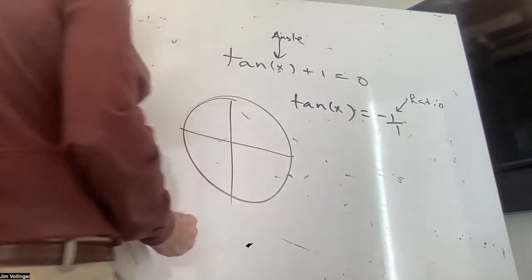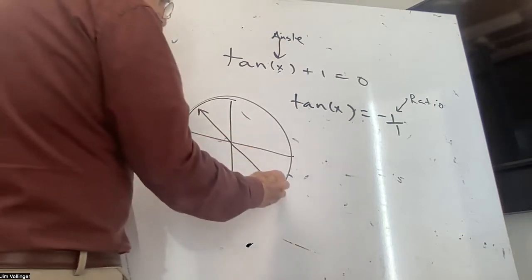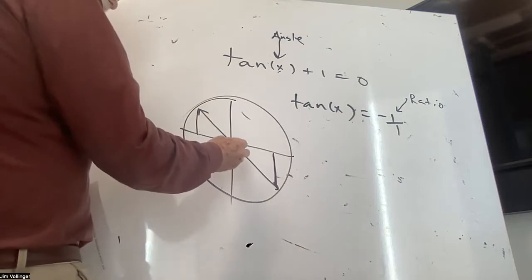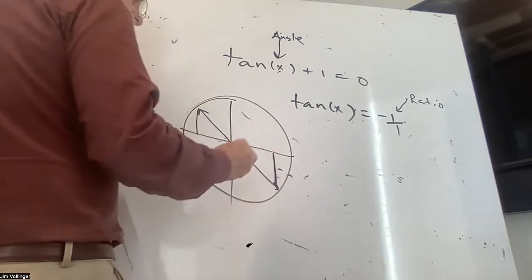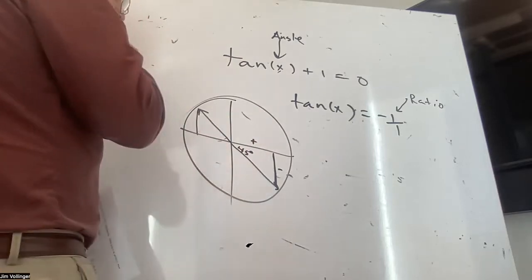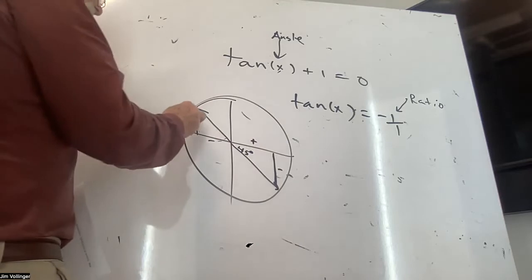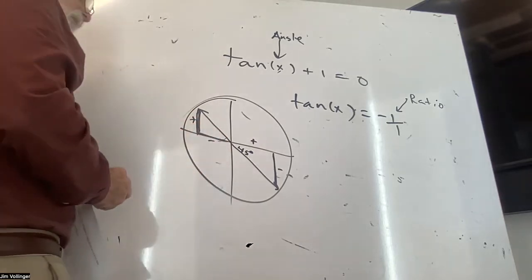Well, I think we get them over here and over here, because if we look at those, we can see 45-degree reference angles, and the heights are negative and the width's positive over here. Over here, the height's positive and the width's negative, and they are the same side lengths, magnitude.